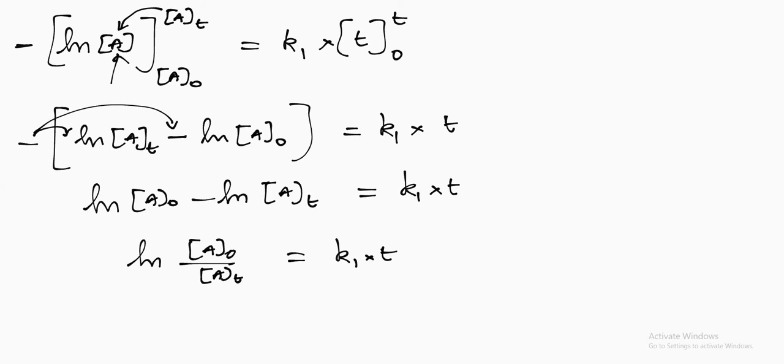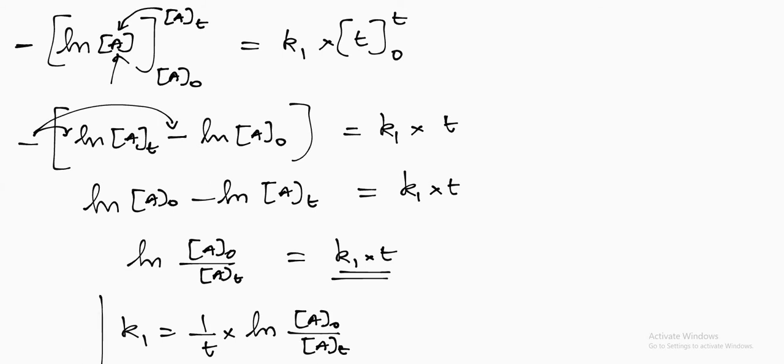Or we can also write this as K1 equal to, I'll bring this t to the left hand side, 1 by t, so you'll get 1 by t times ln initial concentration of the reactant divided by concentration of the reactant at a time t. Students, note down this expression. This is the integrated rate constant expression for first order reaction.